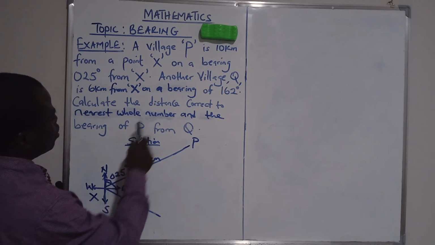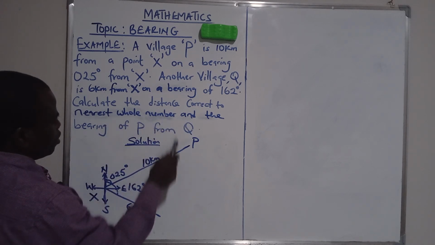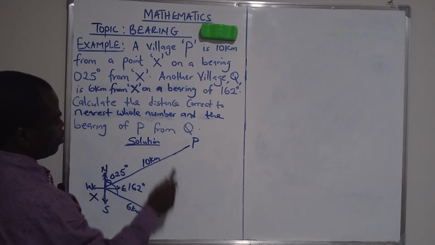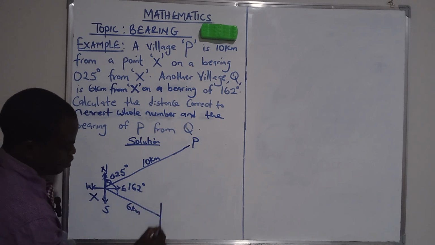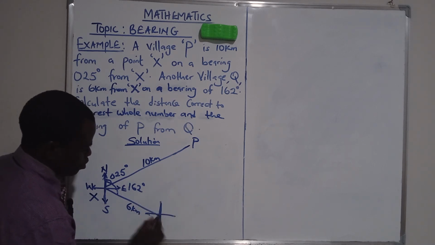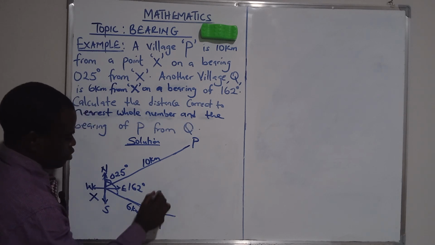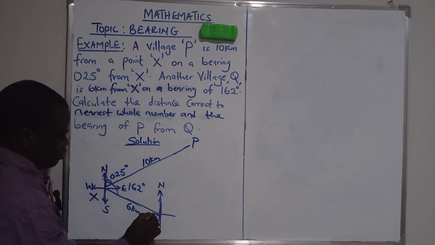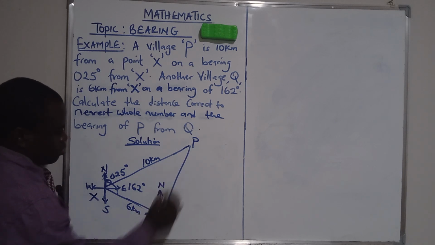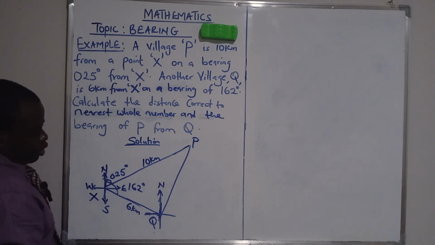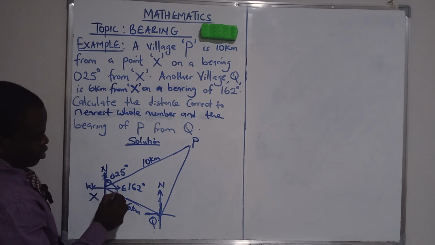Now I have to calculate the distance correct to the nearest whole number, and the bearing of P from Q. This is our Q. From here to here is 162.